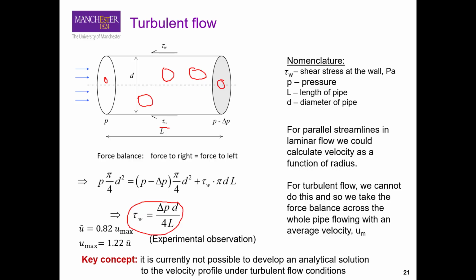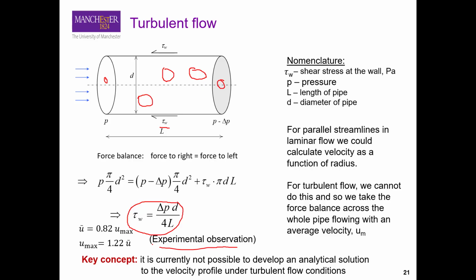And as I said here at the bottom, for the case of turbulent flow, we actually cannot solve these equations analytically, and I will show you in the next slides why. It means that we have to look at experimental observations and develop some empirical relations.